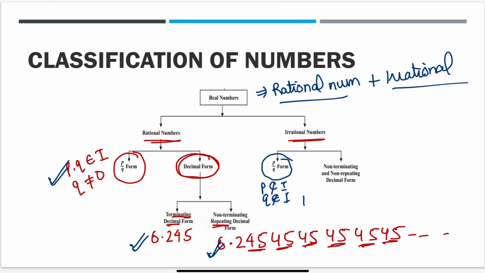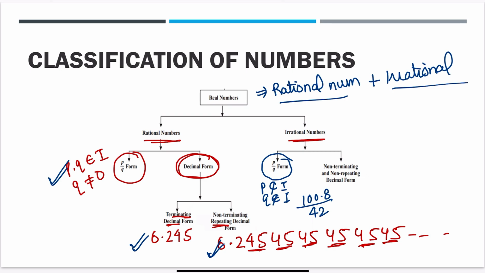Suppose I am taking the example of 100.8 divided by 42. This is also p by q form, but the only thing is p is not an integer. So that is why an irrational number can also be represented in p by q form, but it will not follow the condition. P and q have to be integers. I hope this part is clear.